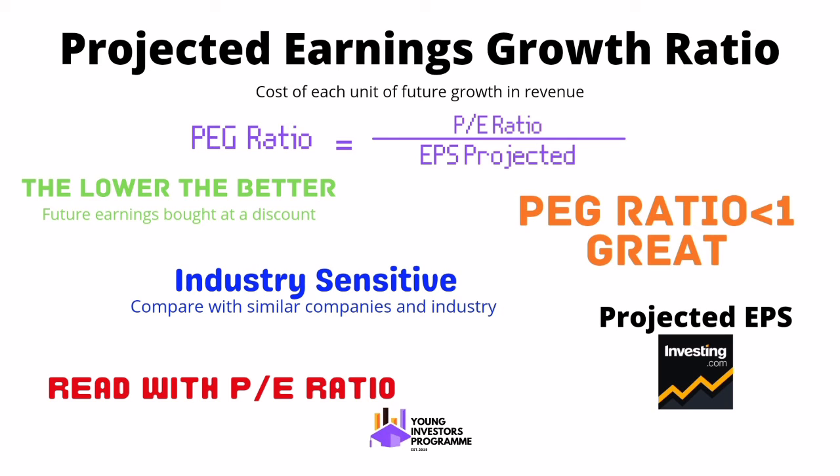There are quite a few analysts for larger companies that put out their projected earnings, but for smaller companies you find what you're looking for on an investing.com kind of site.